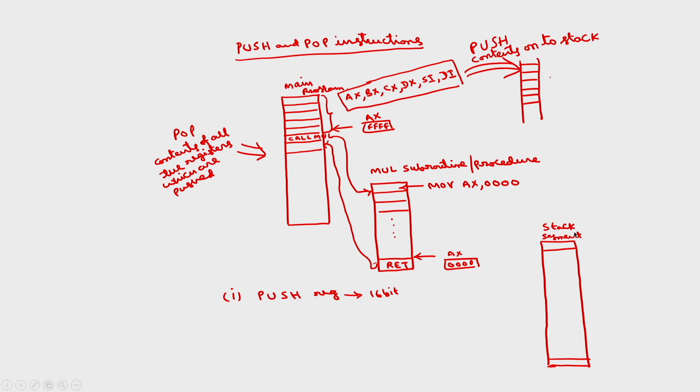Let us assume that I have used 64 kilobytes of stack. If the starting address is 50000H, the ending address will be 5FFFFH. So, totally 64 kilobytes of memory I have reserved for stack. Whatever data we are going to store will be placed here.